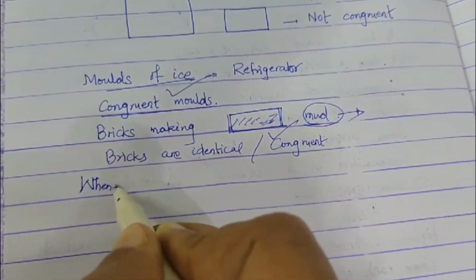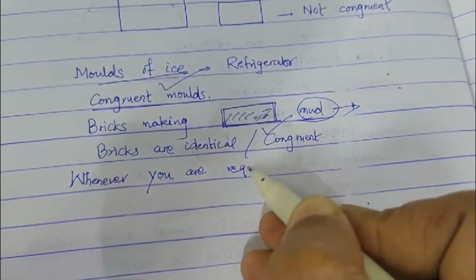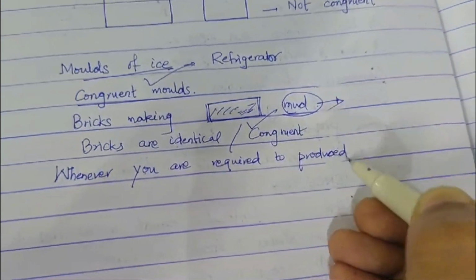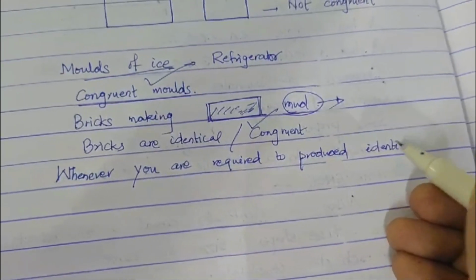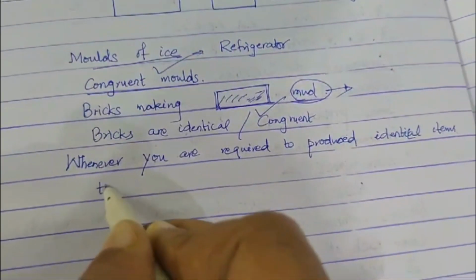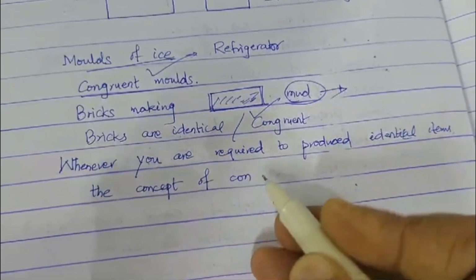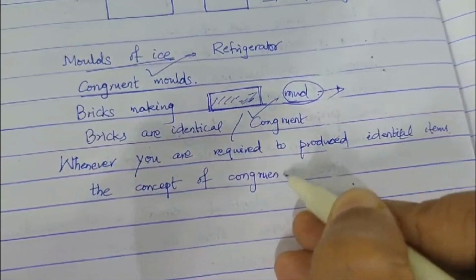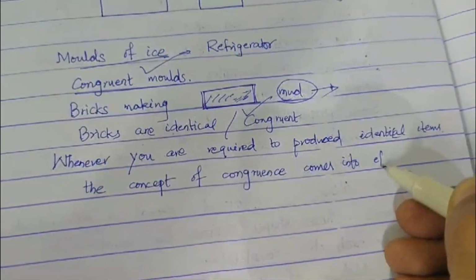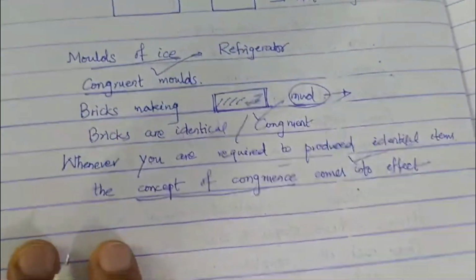So you can write: whenever you are required to produce identical items, the concept of congruence comes into action, or comes into effect. It means we will have to know the concept of congruence, otherwise you cannot produce identical materials.